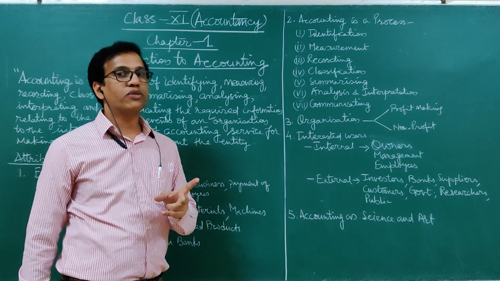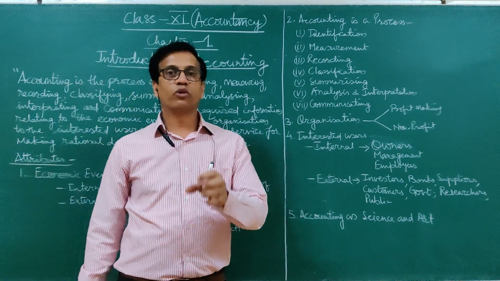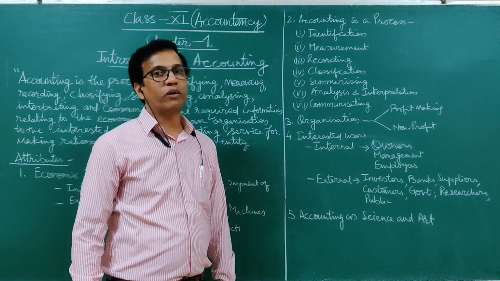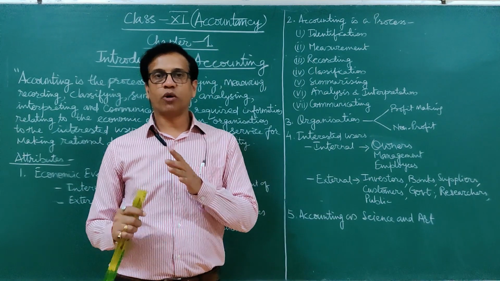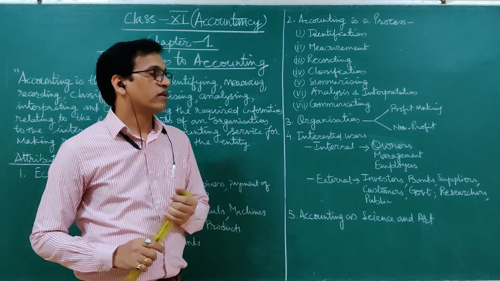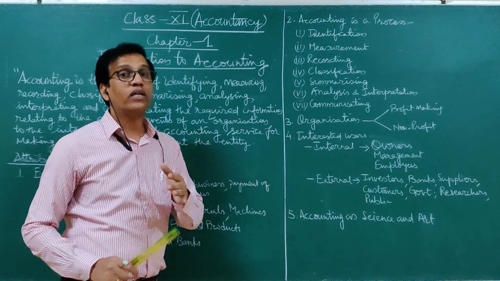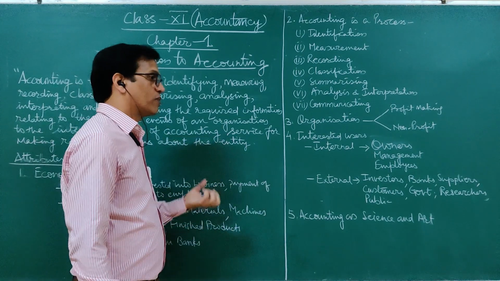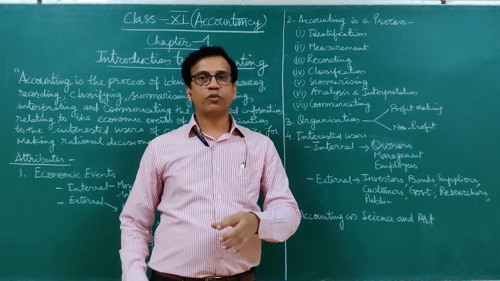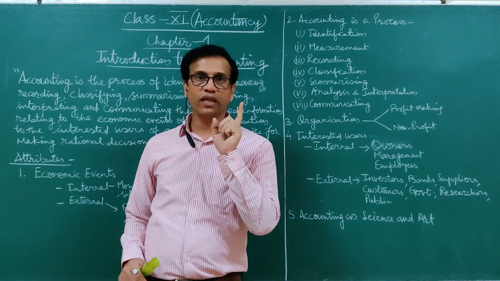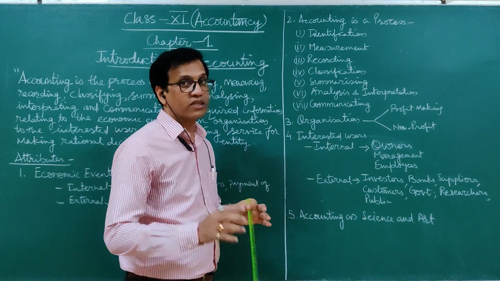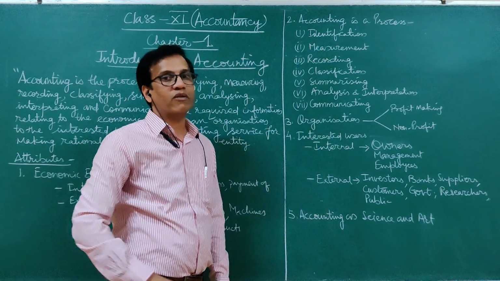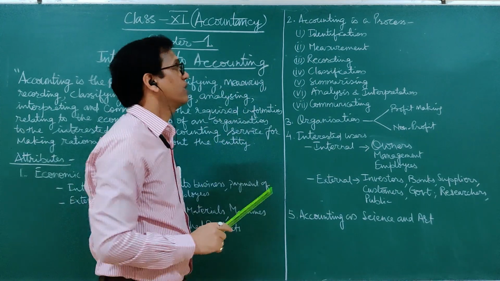So the second step is to measure it in monetary terms, that is, convert into money. 200 kilograms of raw material is purchased for processing or manufacturing. So what you paid for that is your measurement. Suppose you purchased at 50 rupees per kilogram. So 200 into 50, you calculate 10,000 rupees. Now this 10,000 rupees is recordable. Right? So second, we have to measure what we have identified into monetary values.